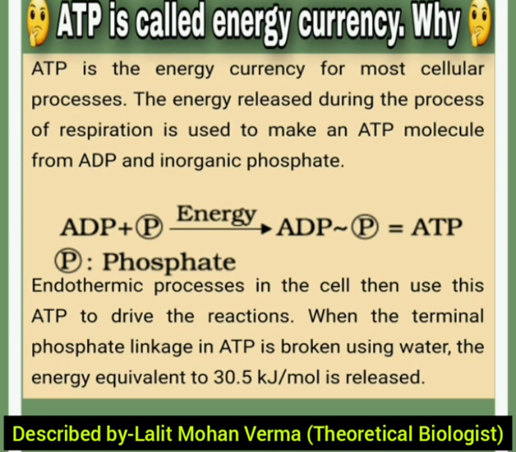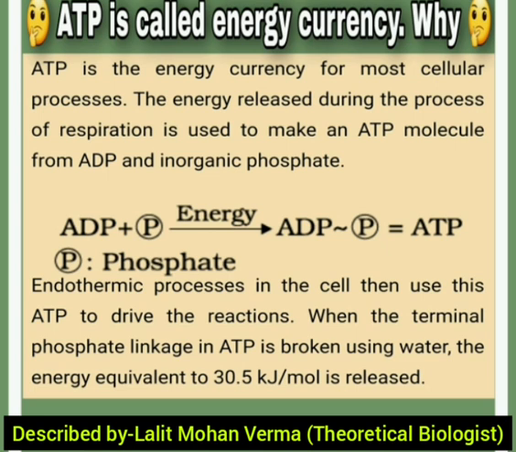Why? The question arises. ATP is the energy currency for most cellular processes. The energy released during the process of respiration is used to make ATP from ADP and inorganic phosphate. You can say the reaction that ADP, adenosine diphosphate, di means 2, plus 1 P. Now 2 and 1 is 3.